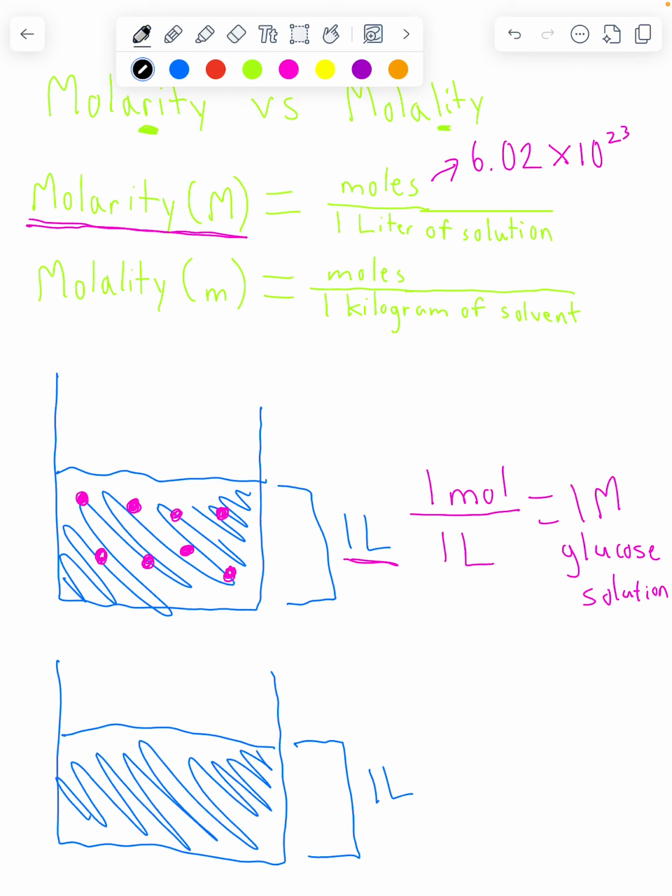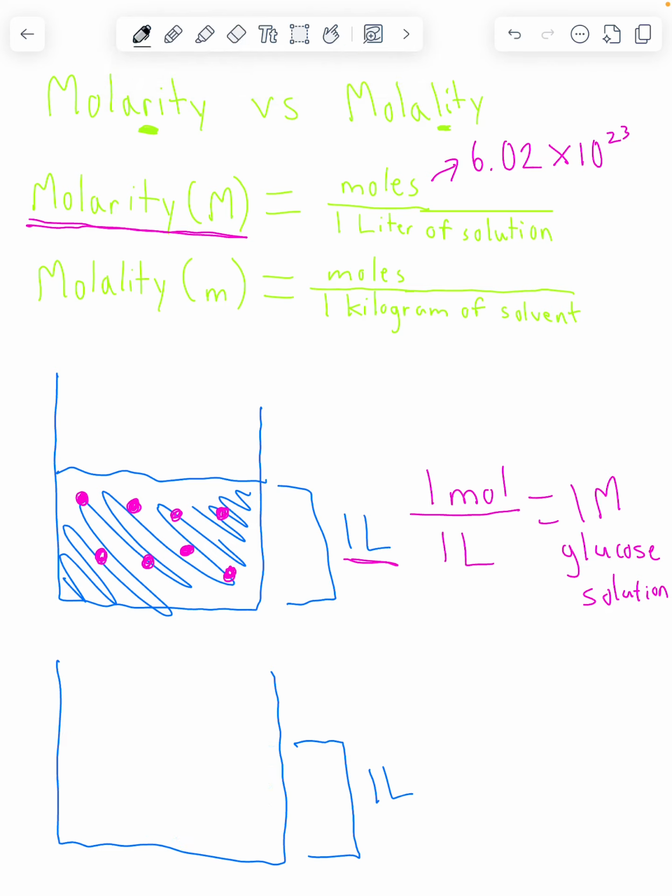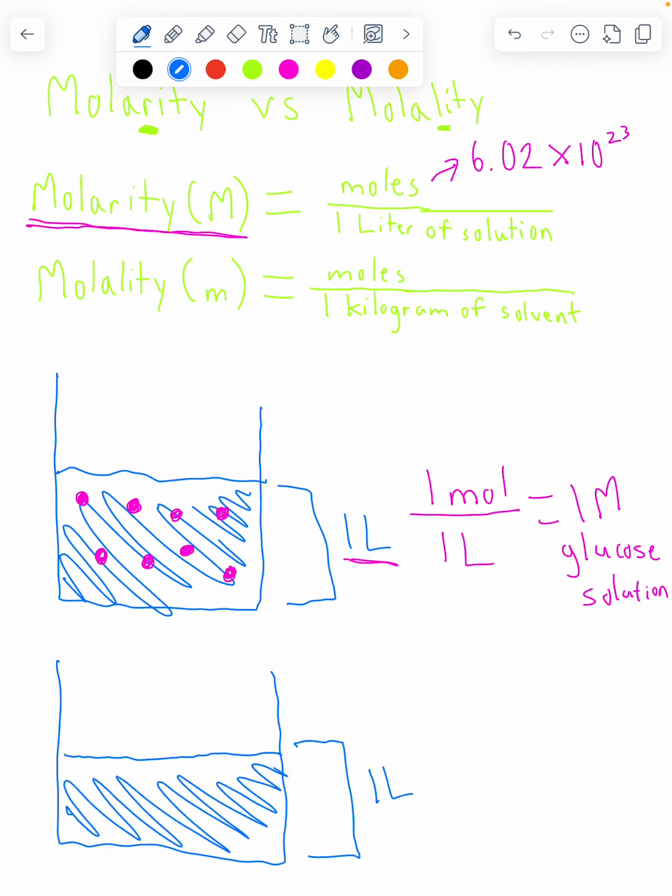Okay, but as you can imagine, it doesn't just form little holes here where the glucose used to be. That's not how water works. Water is going to go down and immediately fill those holes. Okay? So what's realistically going to happen is our water level is going to actually fall down to slightly less than it was before. Okay? So you can see we lost a little bit of water.